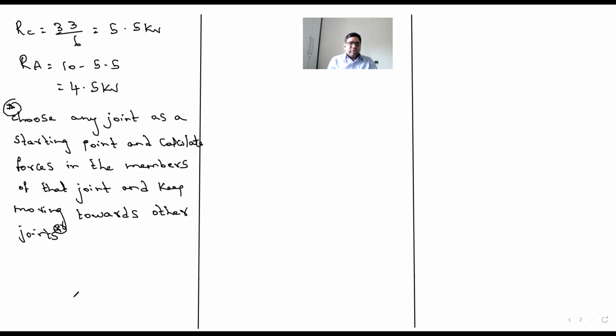Now let us take joint A. So when we take joint A, what is the condition we need? Tension coefficient into coordinates for all the members.